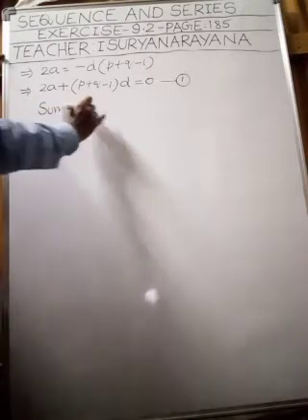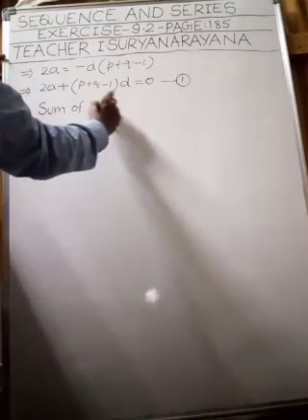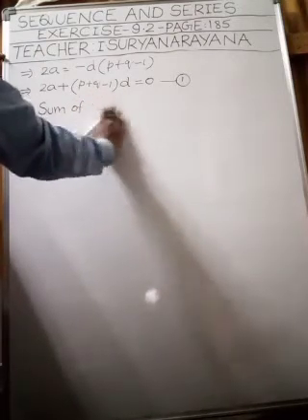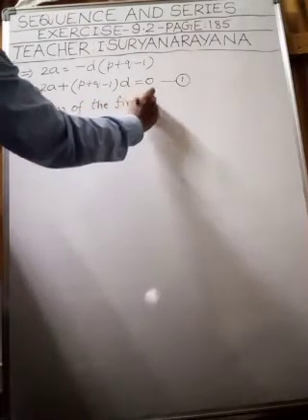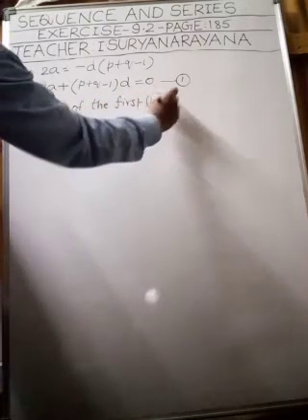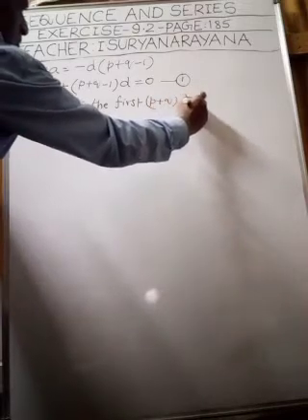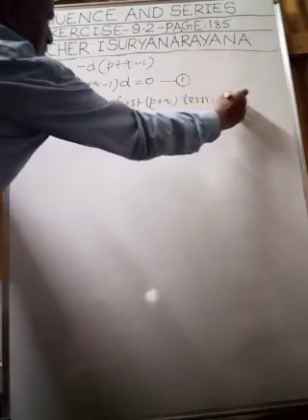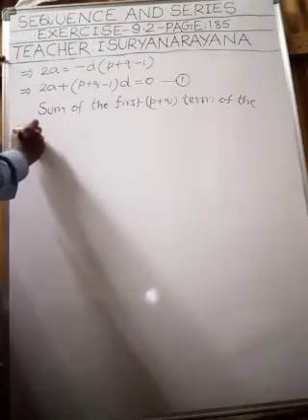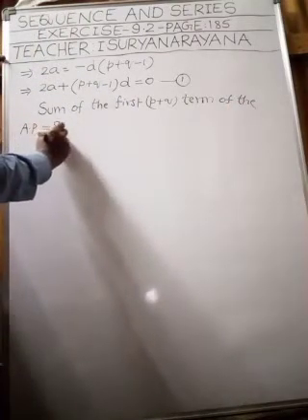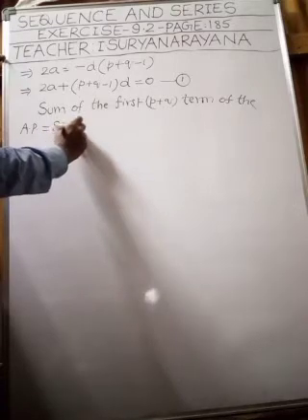Right. Now let us find the sum of p plus q terms of the arithmetic progression. Sum of the first p plus q terms of the arithmetic progression is equal to S of p plus q.